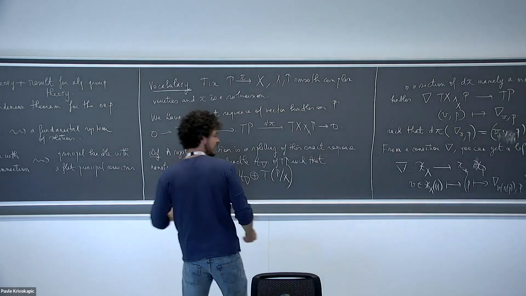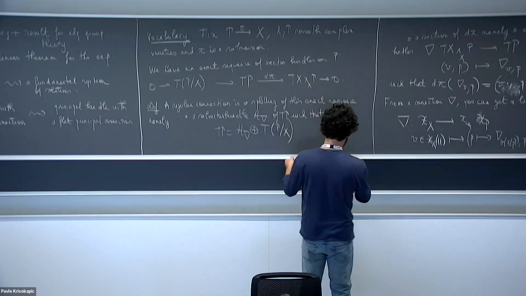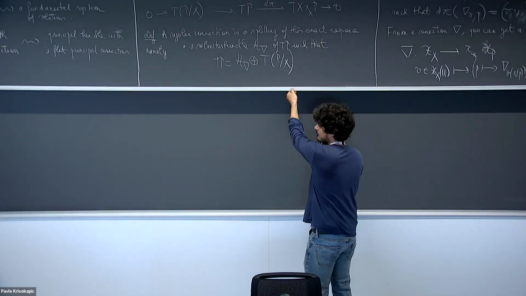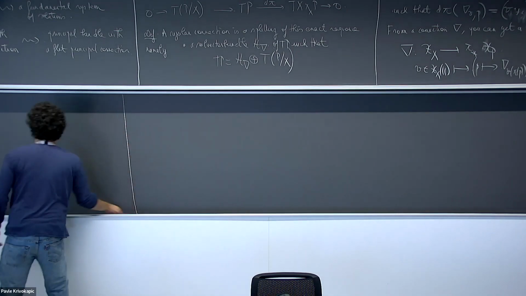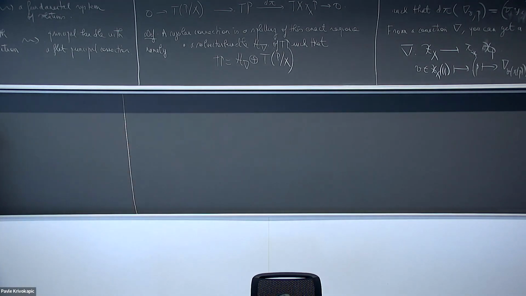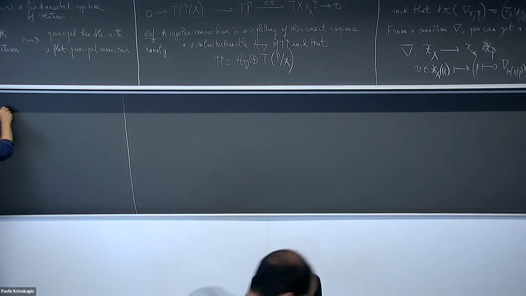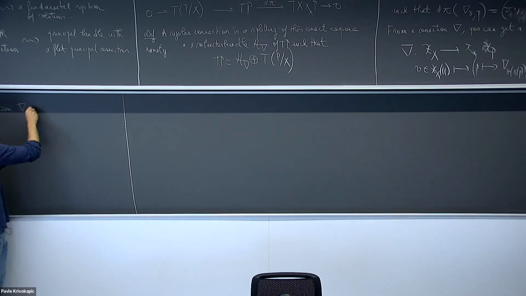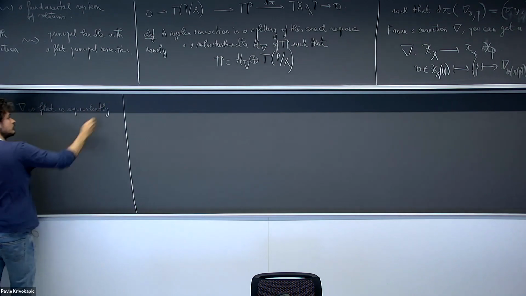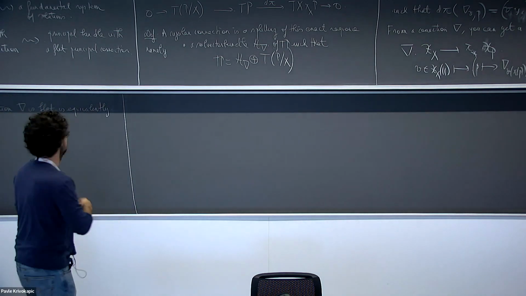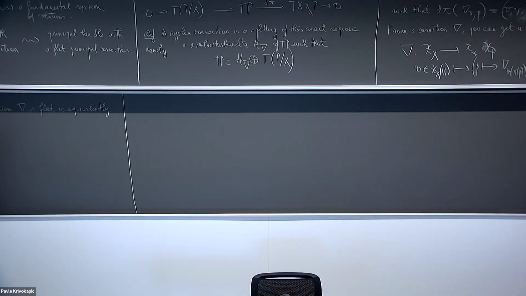And saying that this connection is flat is equivalent to saying that H_δ is a regular foliation.